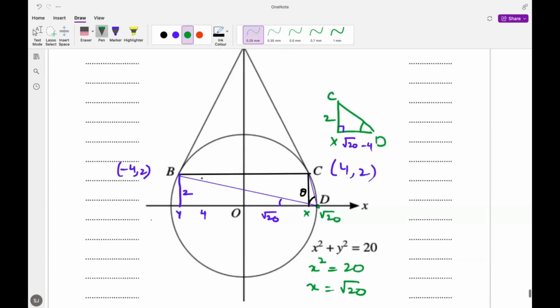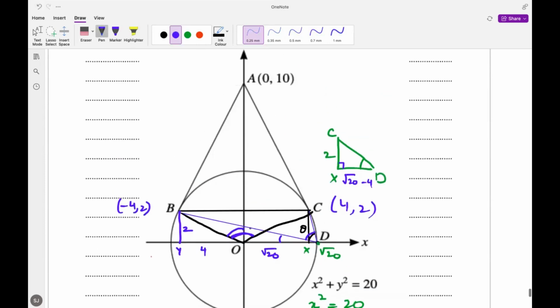Now we can apply different methods to find this angle. Another method we could have applied is to draw a line from B till C and another line from C till O, and apply the circle property which says that the angle at the center is twice the angle at the circumference. To find this angle at the center, we find the angle BOA and multiply it by 2 to find the total angle BOC.